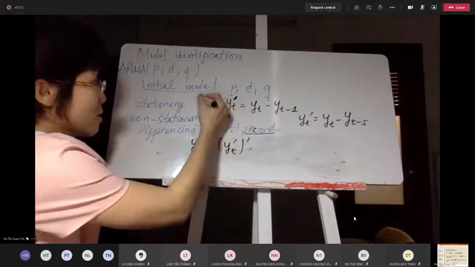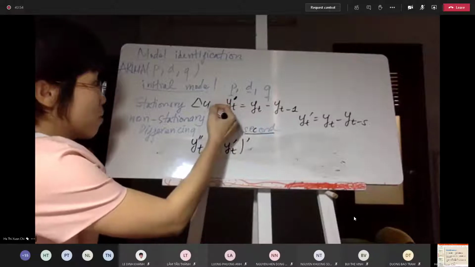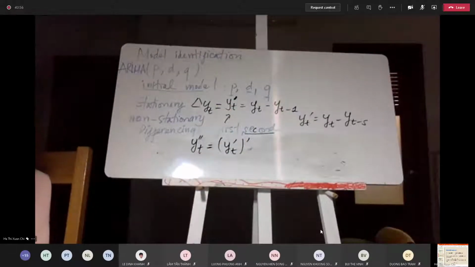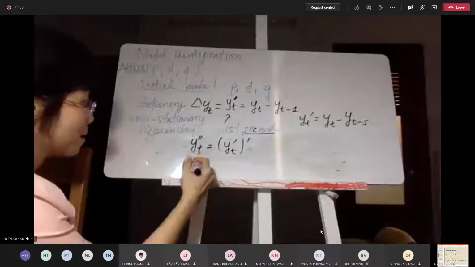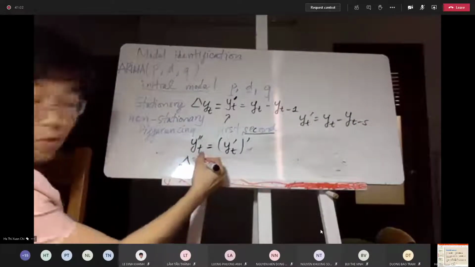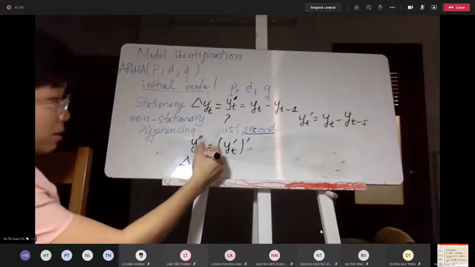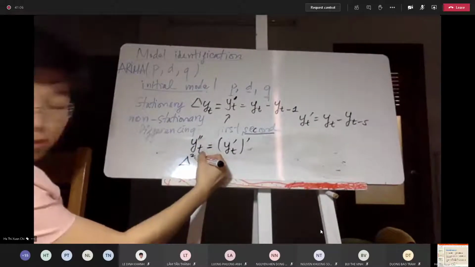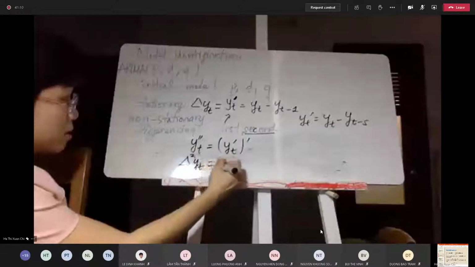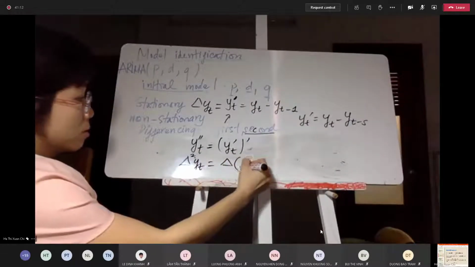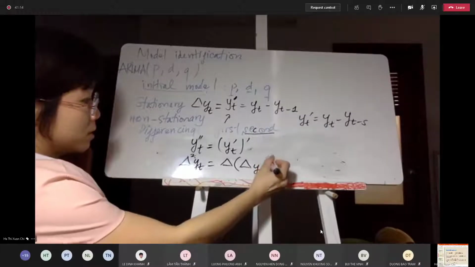That is actually the difference of the difference of yt, right? So we can write it like that: the difference of y squared, that is equal to yt's.